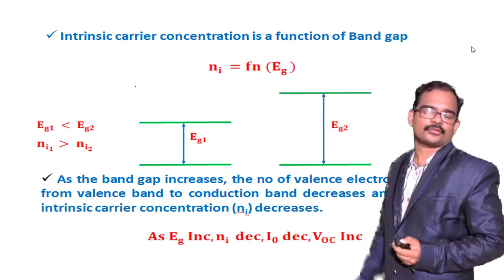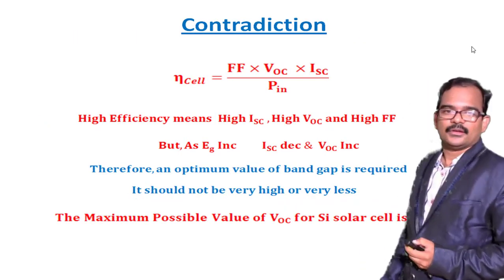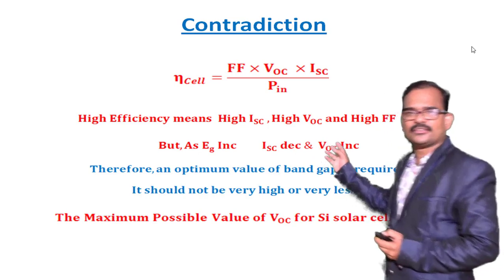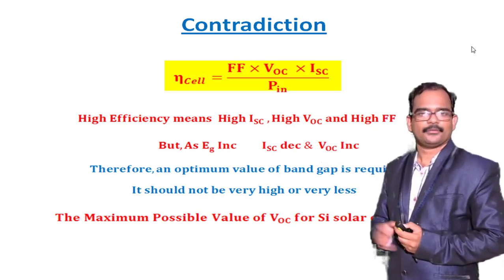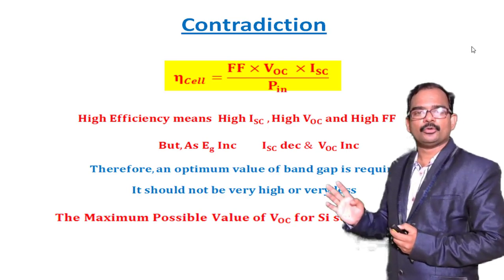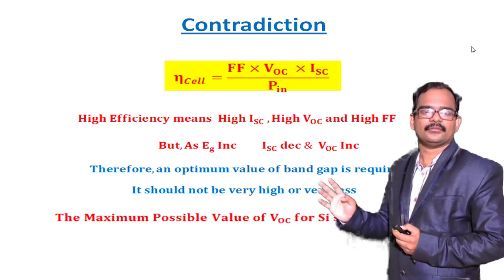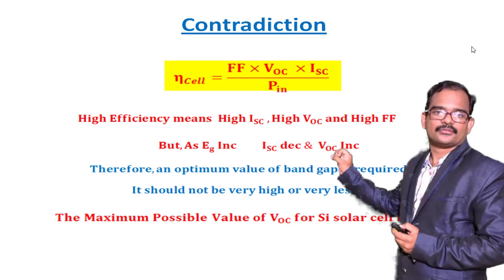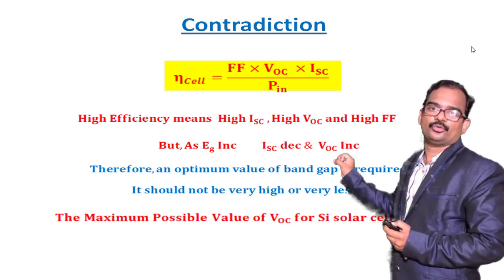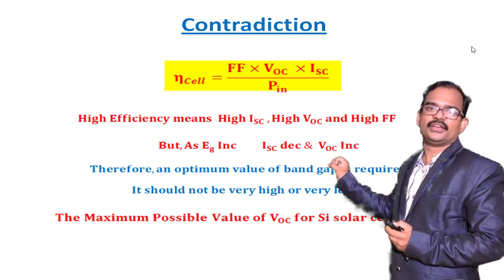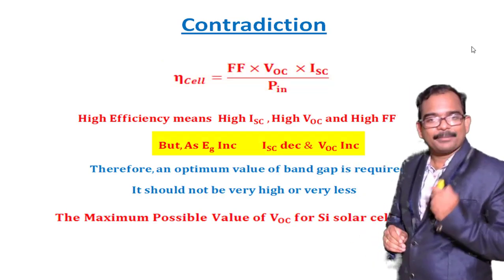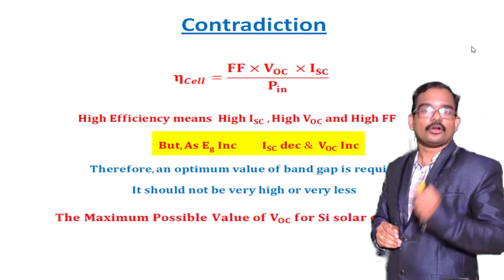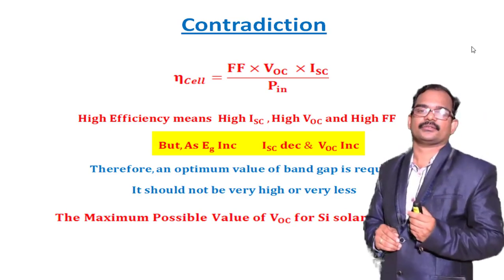So there is a contradiction. What is that? The efficiency of a solar cell is fill factor times VOC times ISC divided by P input. Fine. So in order to design a solar cell, high efficiency means high short circuit current, high open circuit voltage and high fill factor. But as the band gap increases, the short circuit current decreases.